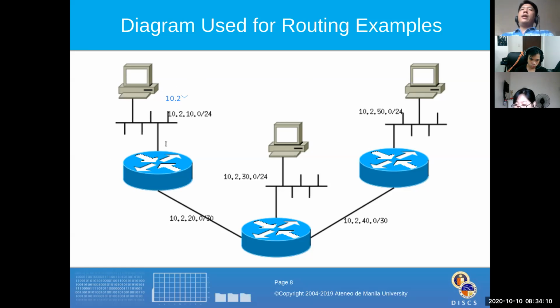And the interface of this router facing the 10.2 network is that one. But its interface facing internal is 10.2.20.1. So since this is 10.2.20.1, this one is obviously 10.2.20.2.